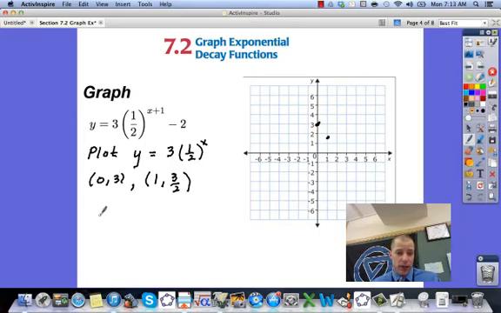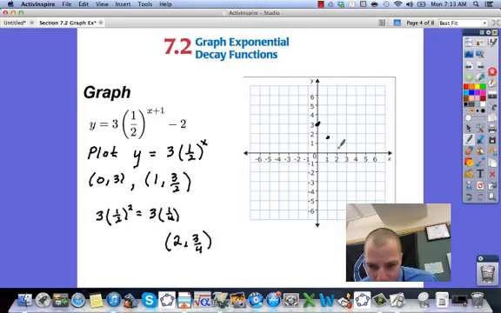If we plug 2 in, you would have 3 times 1/2 to the second power, which is just 3 times a fourth. So our last ordered pair we'd plot would be 2, 3/4. That gets a little tricky, so 0.75, so 2, maybe we're right here.